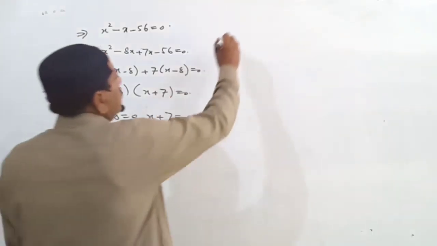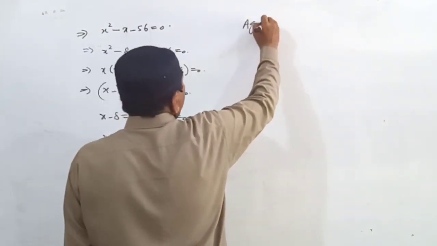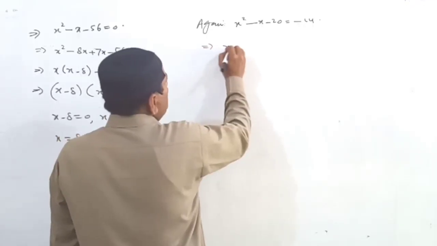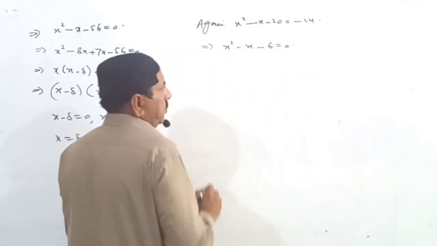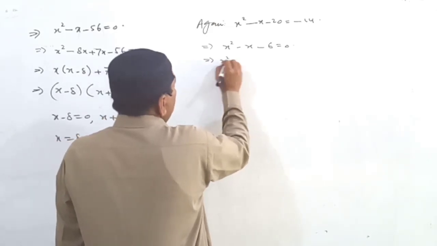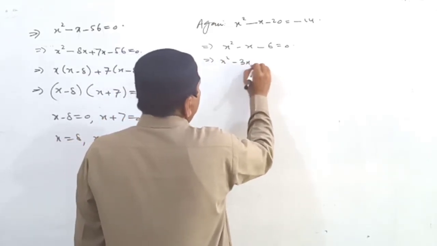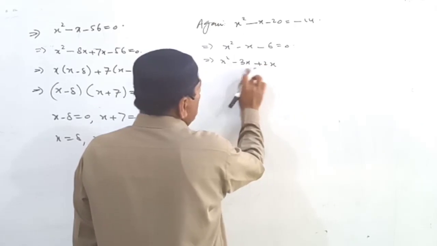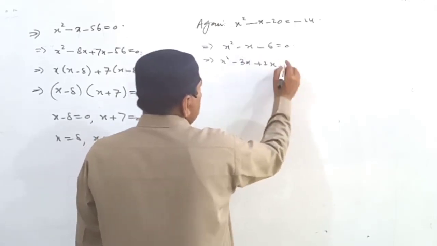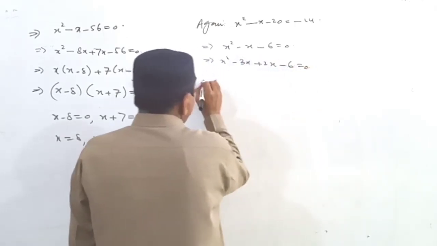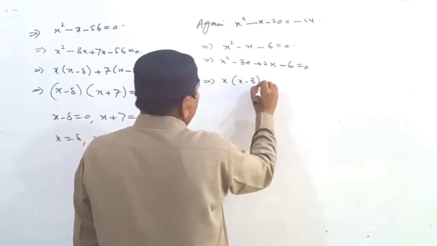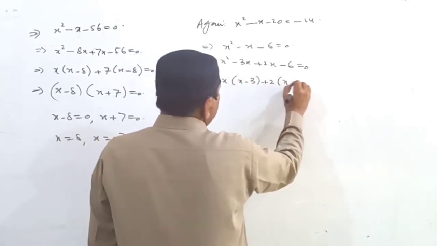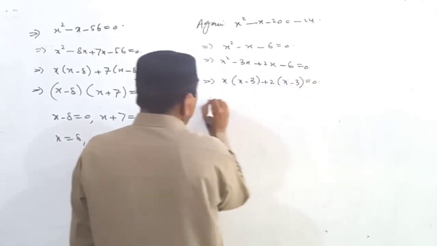Again, this will be x square minus x minus 6 is equal to 0. x square minus 3x plus 2x minus 6, 3 twos are 6, is equal to 0. x common, x minus 3, plus 2 common, x minus 3 is equal to 0.